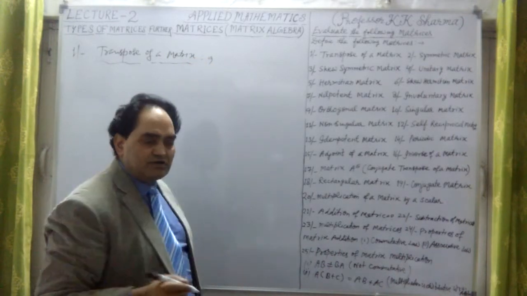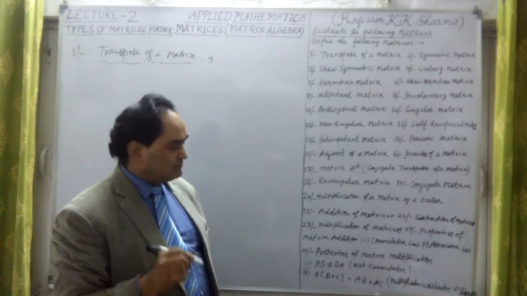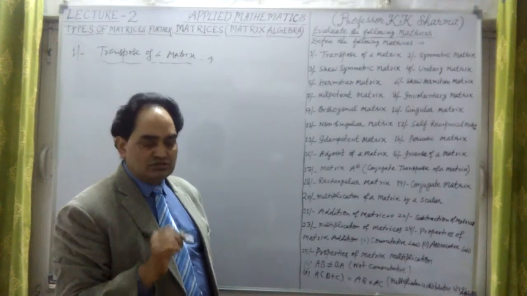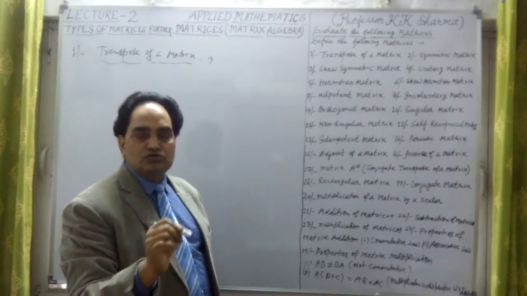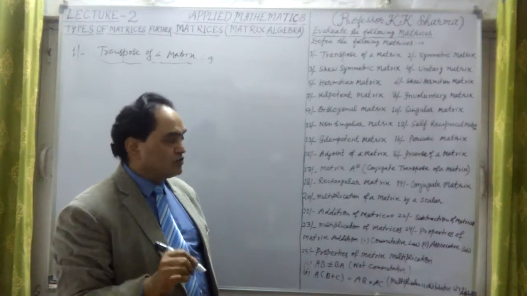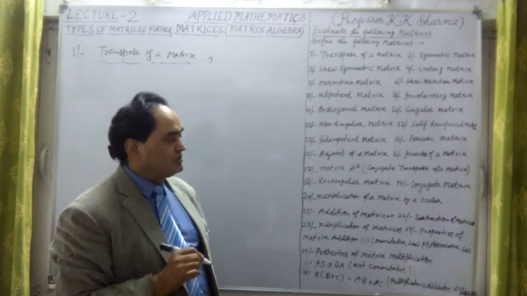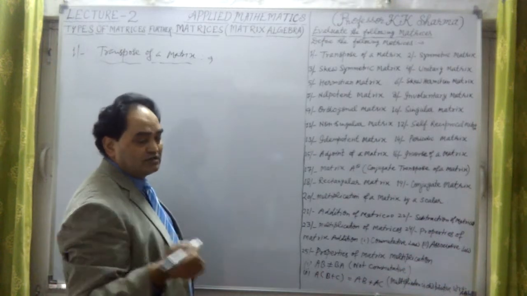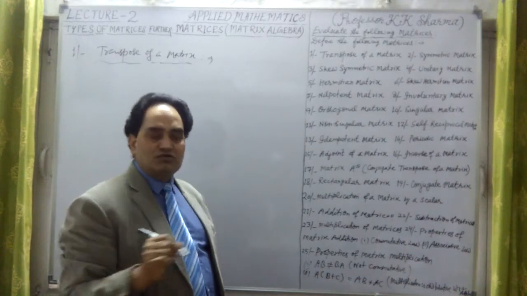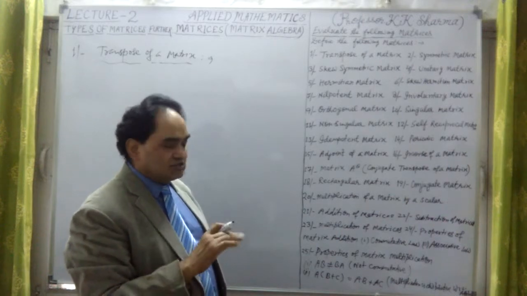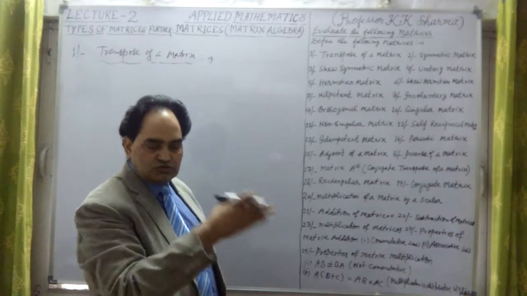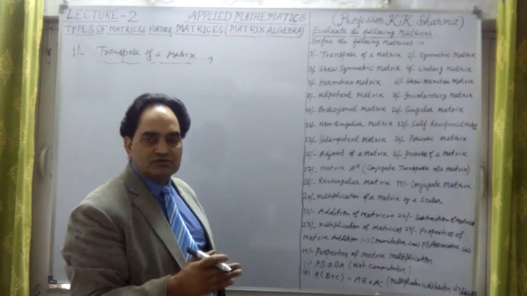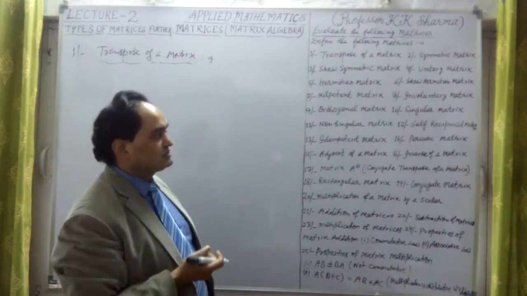A matrix obtained by transforming or interchanging rows into corresponding columns of a matrix is known as the transpose of a matrix.